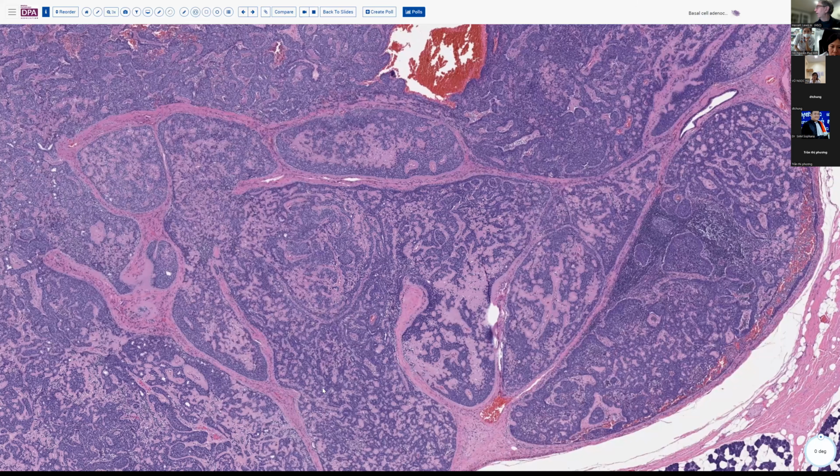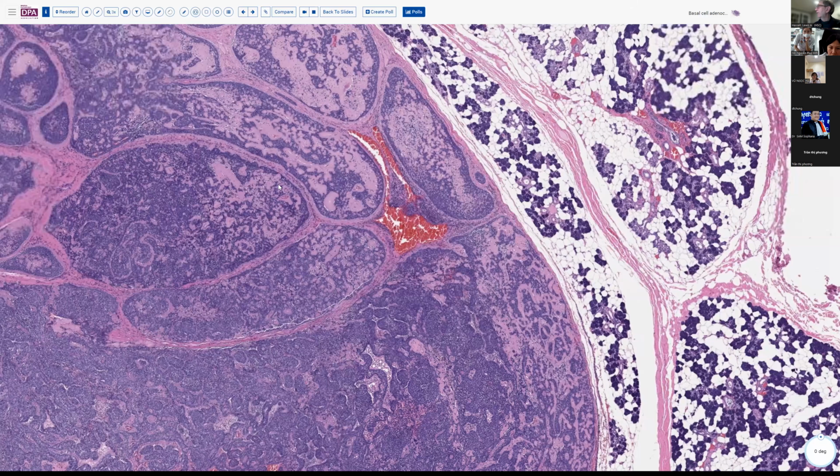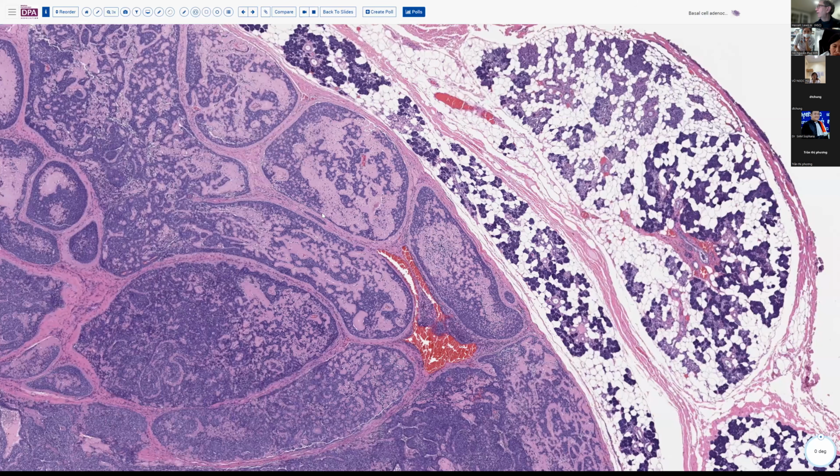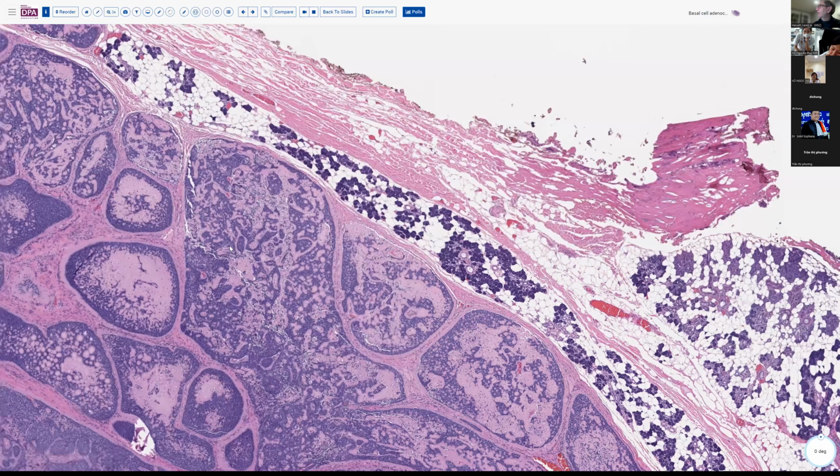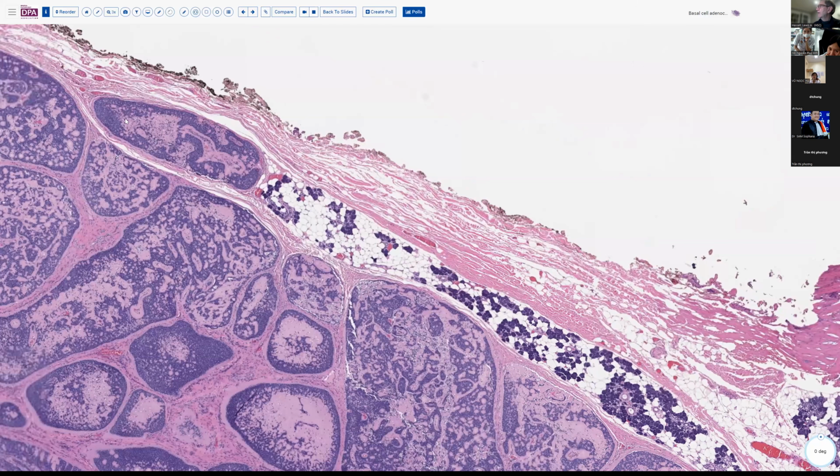And let's see what else we've got over here. So here you see this additional nest off the edge.